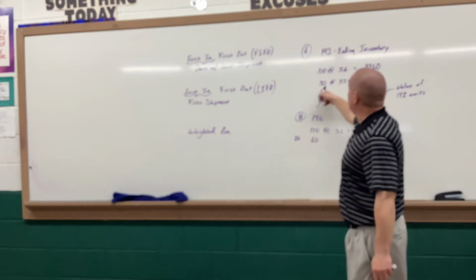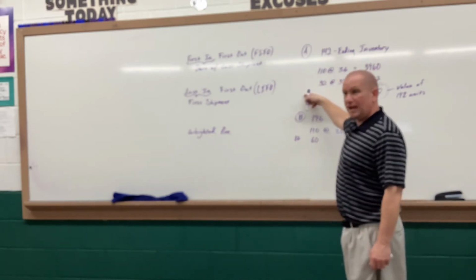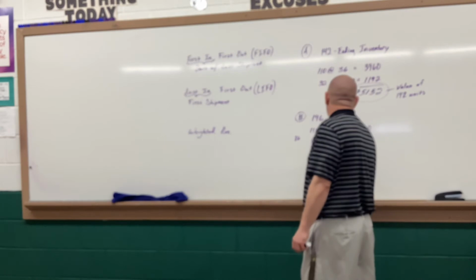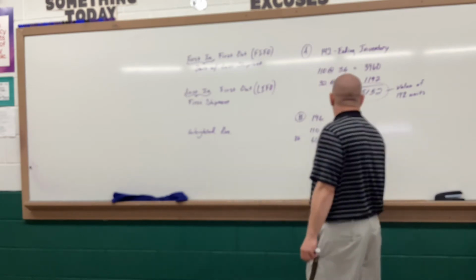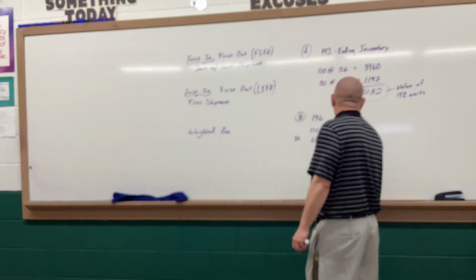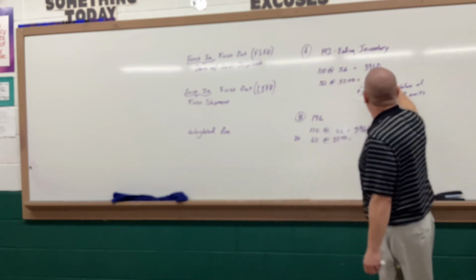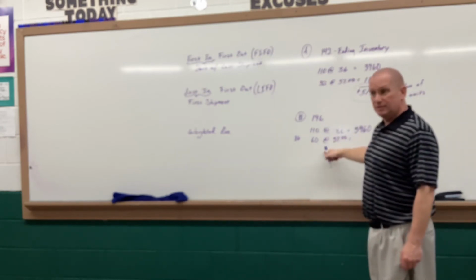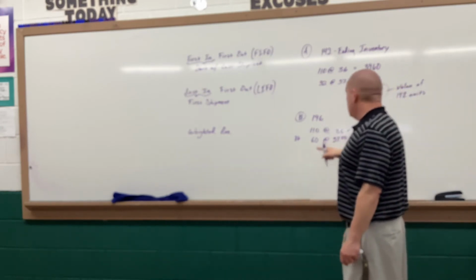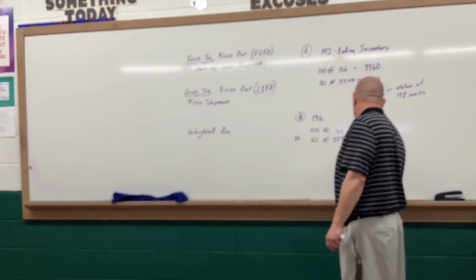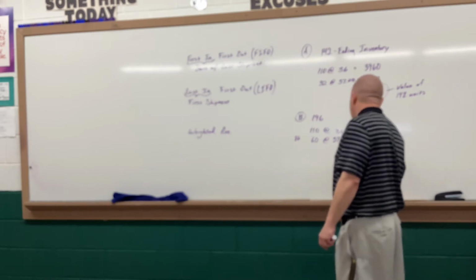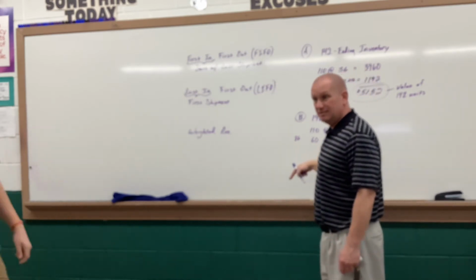The last time we only needed 32, so we took out of that 60. So 60 at 37.25. Don't copy down this answer because my math's different. In my math here, 2,235.